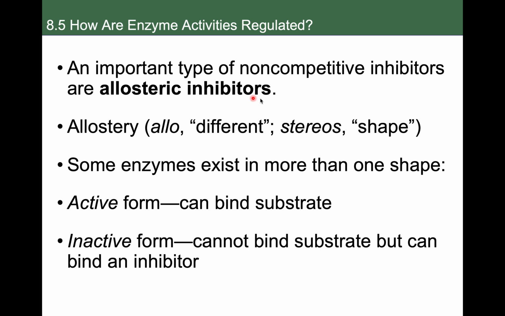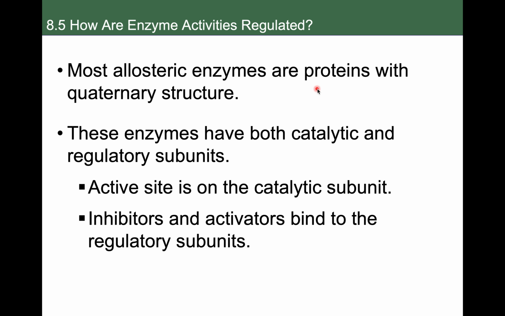And allosteric inhibition is always non-competitive. So allosteric inhibitors are not going to bind to the active site. As we were just talking about, they're going to bind somewhere else on the enzyme and change its shape. Another key characteristic of allosterically regulated enzymes is they usually have quaternary structure. And if you remember back to our discussion of macromolecules and proteins, we went through those four different levels of protein structure.